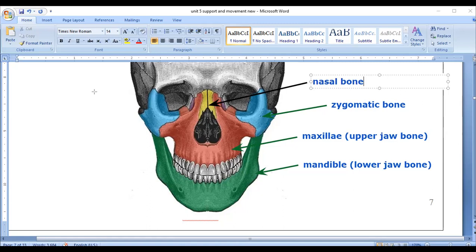It is this bone. It is the lacrimal bone. Lacrimal is a word we apply for tear. So tear glands are called lacrimal glands. So this is the lacrimal bone.